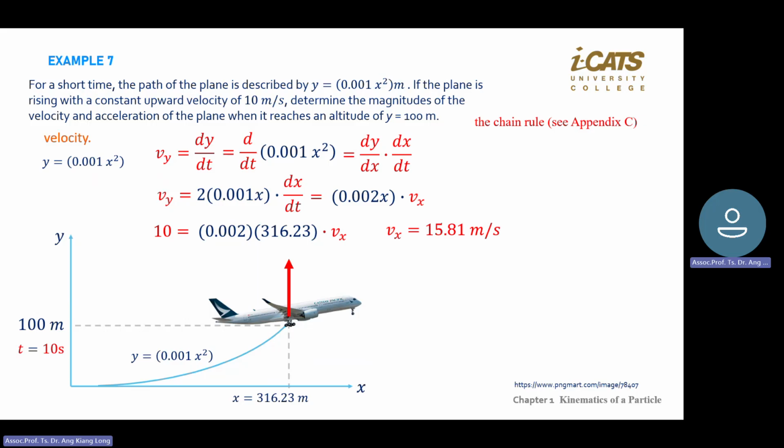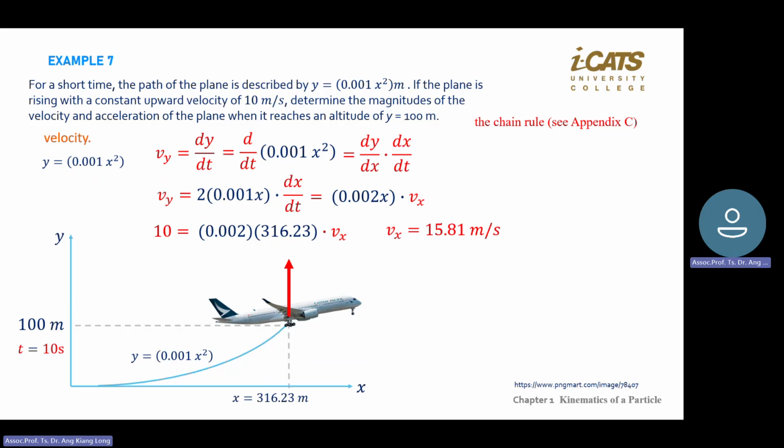And then from here, yeah, correct. 0.002, you copy. What is your x at 10 seconds?